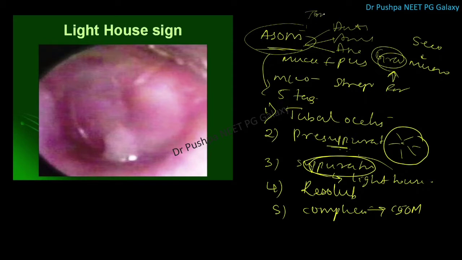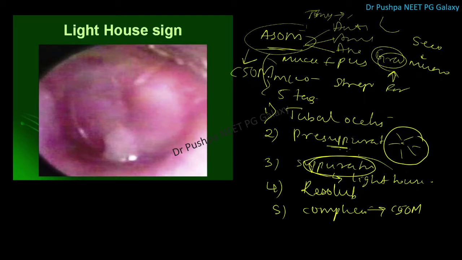What is meant by tomy? It's creating a hole. In this, we give a circumferential incision in the posterior inferior aspect of the tympanic membrane. If ASOM is not resolved, it will convert into CSOM, that is chronic suppurative otitis media.